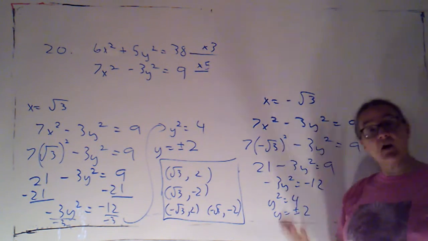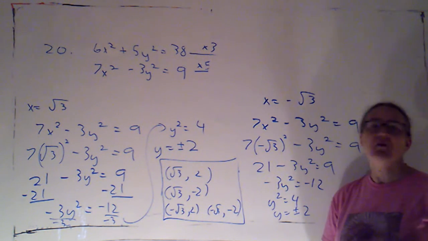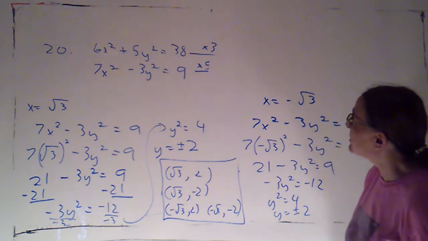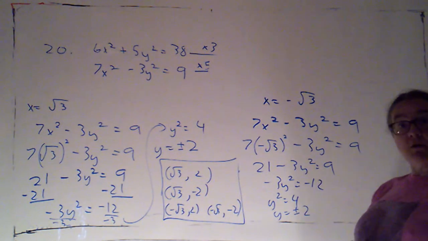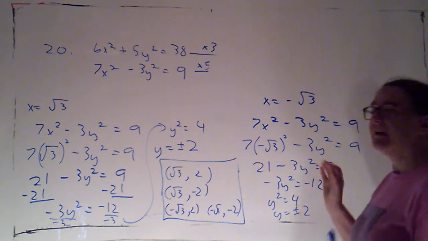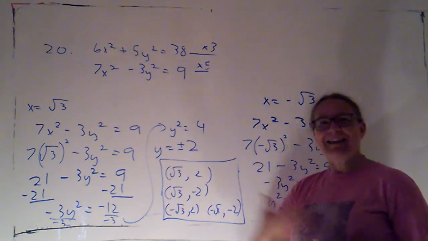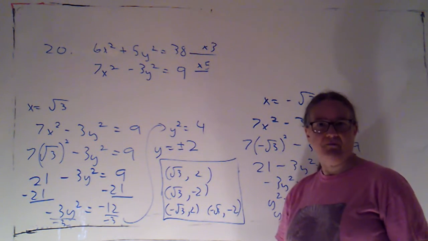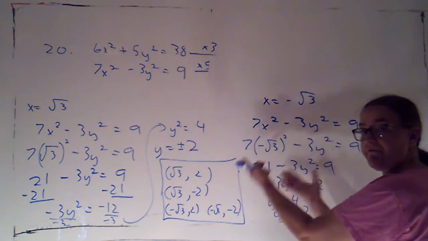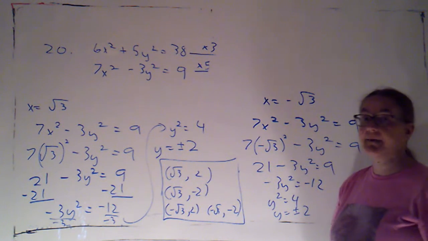So notice we don't know ahead of time how many solutions we should be getting. Okay. So one important consequence of that is if I don't know ahead of time how many solutions I'm going to get, if I happen to see something that works and I prove that it works, that's not the same as solving the system. I've maybe found one point that works, but I don't know that I found all of them unless I actually work through the algebra. Okay.